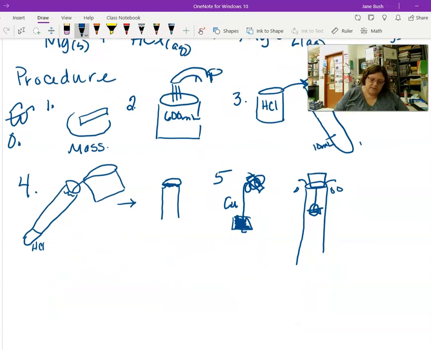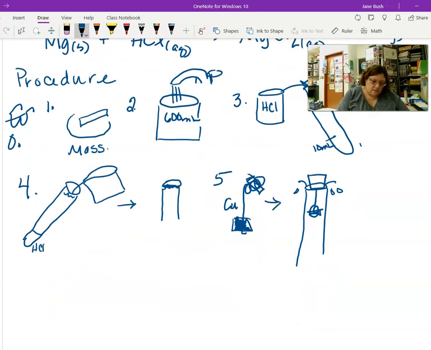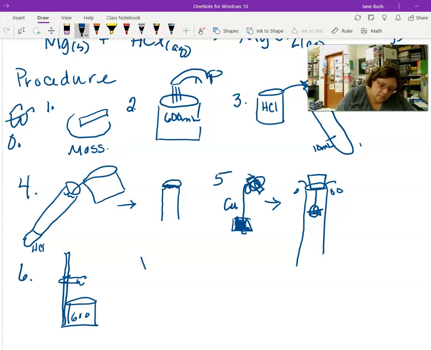Then step 6, you're going to turn the eudiometer upside down. Now before you do that, you need a ring, and the ring stand needs a clamp. And since College Chem has already done this, I know that they have clamps at every station. And you're going to put your 600 milliliter beaker on your ring stand, and you're going to put your thumb over the top of the eudiometer.